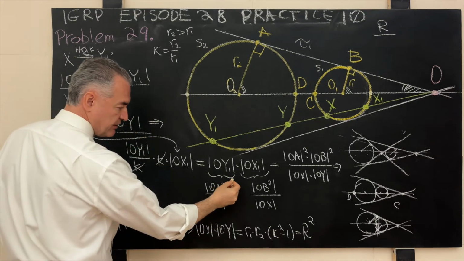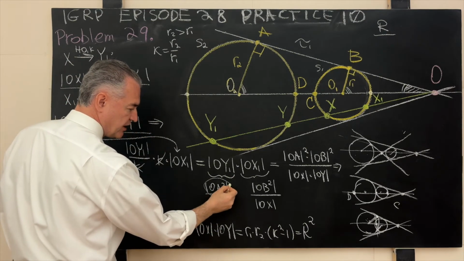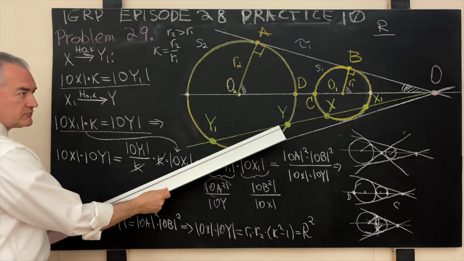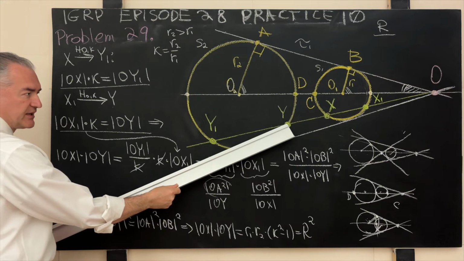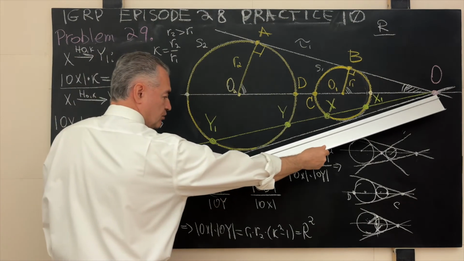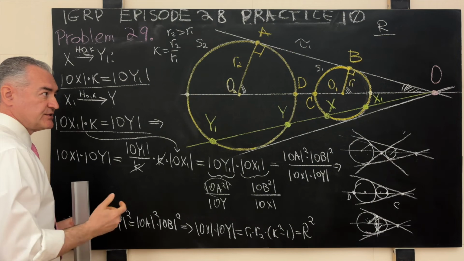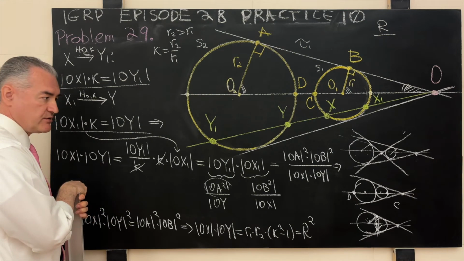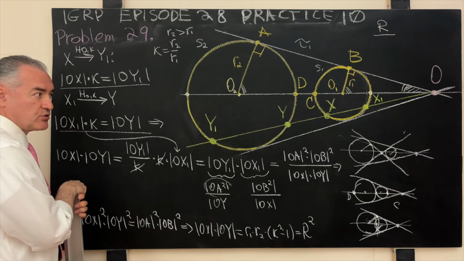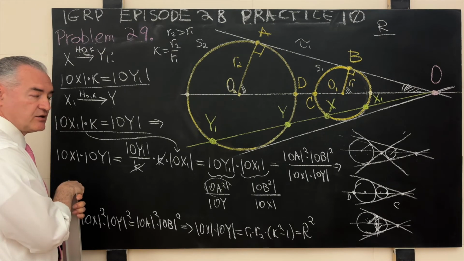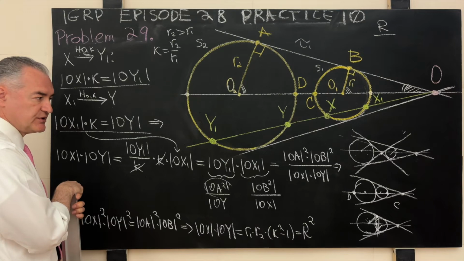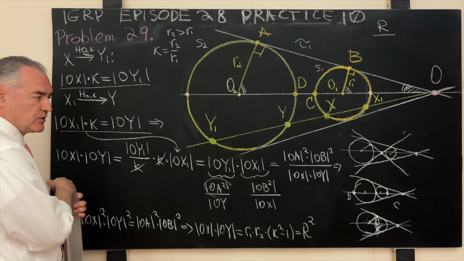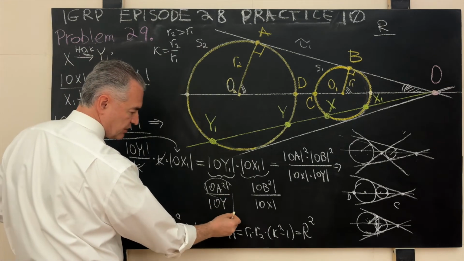So by the corresponding theorem, we take the square of the tangent divided by the smaller segment of the secant from the point Y to the point O. Because remember, this is the power of the point theorem from the corresponding theory of circles, that the square on the tangent is equal to the rectangle on any, as Euclid puts it, rectangle on any secant. The secant OY1 is one such secant, so we have this relation over here.